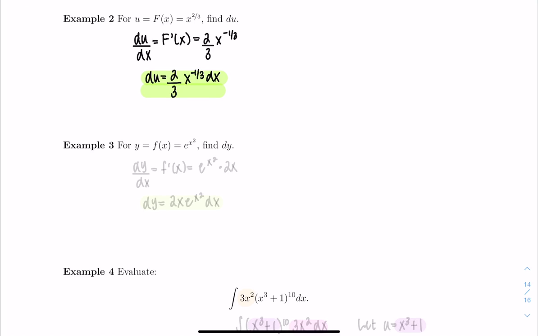For example number 3, we're looking at y equals f of x equals e to the x squared, and we want to find dy. The first step again is to find the derivative, or dy dx.